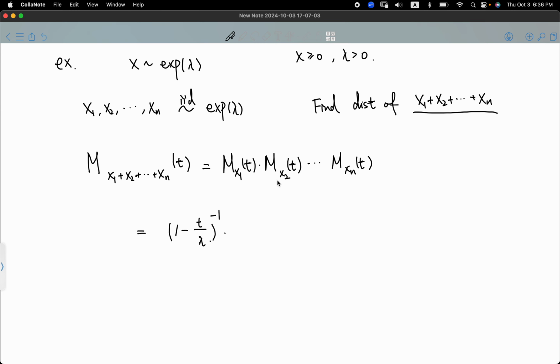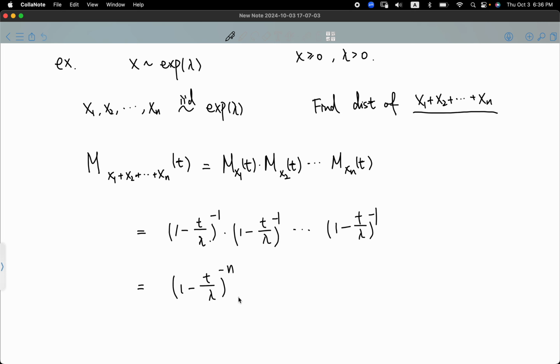But for X2, because they are identically distributed, X2 also has this moment generating function, raised to the power of -1, and then all the way to (1 minus t over lambda) to the -1. So what it means is that we have (1 minus t over lambda) raised to the power of -n.